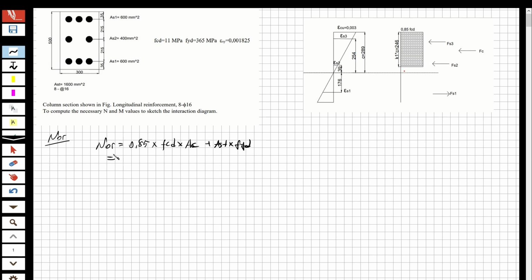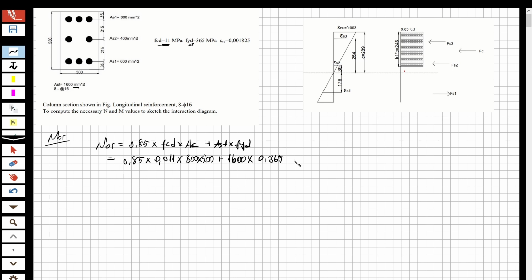So let's apply the formulation. 0.85 multiplied by 0.011, the design strength of concrete. I'm going to divide by 1000 to obtain the unit of kilonewton. 300 multiplied by 500, plus the total steel area, which is 1600, multiplied by the FYD, which is 0.365.